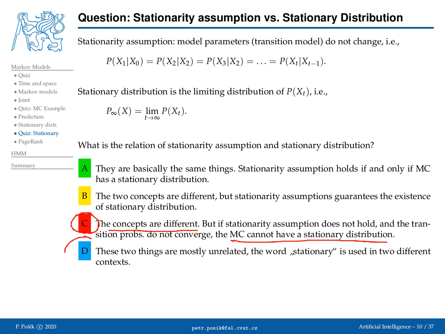Quite a good approach is to think of these two things as option D, that they are mostly unrelated and the word stationary is just used in two different contexts. It is more profitable for you to think about it like this than to confuse one for the other.